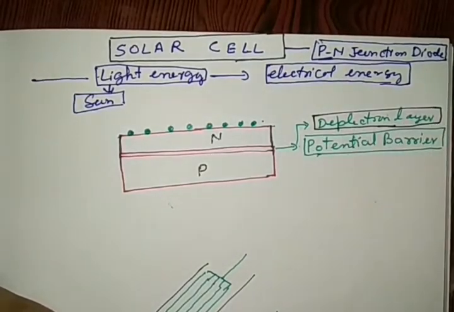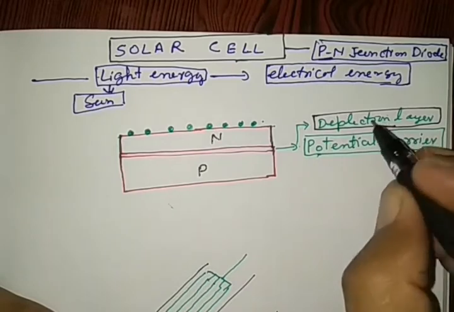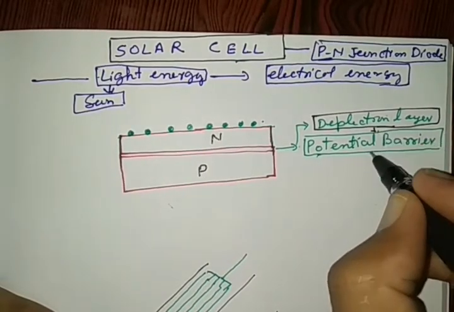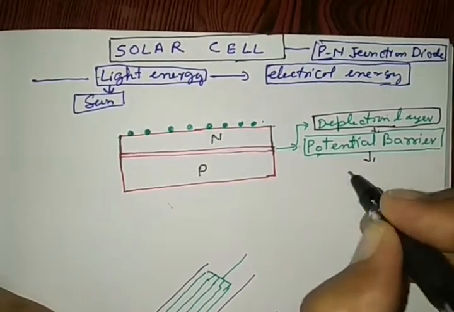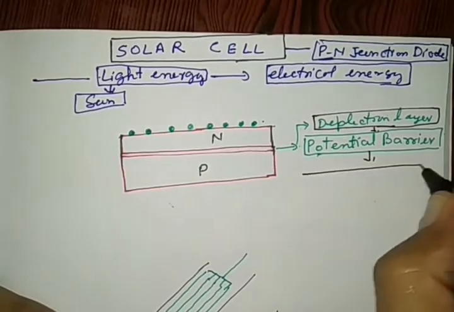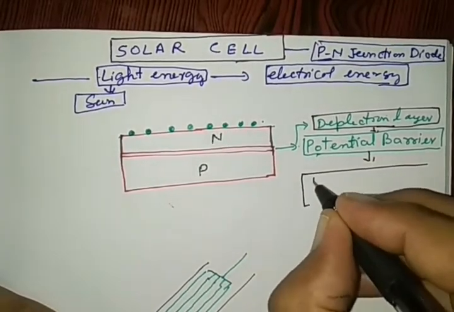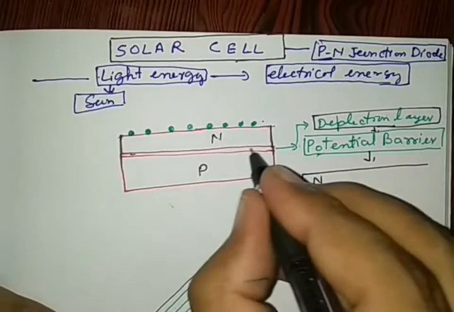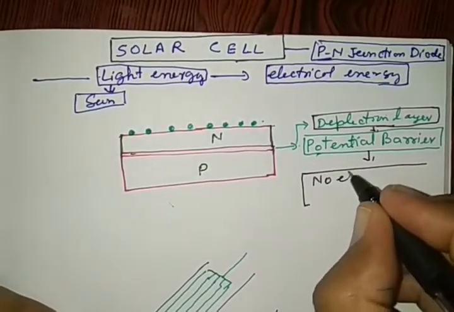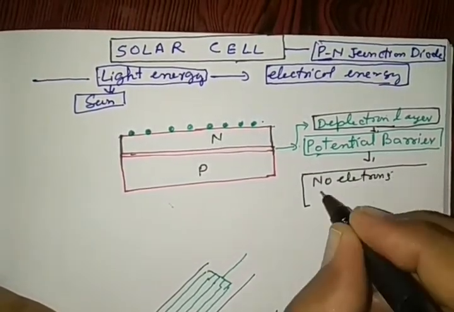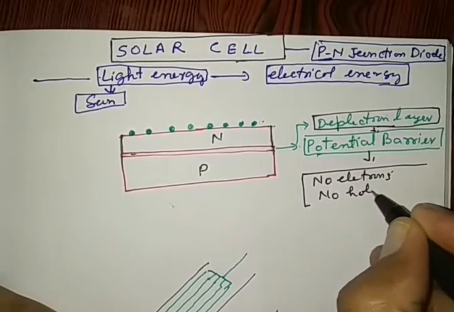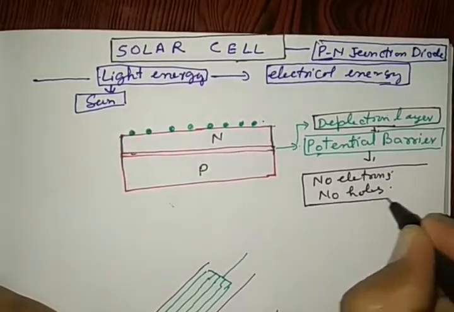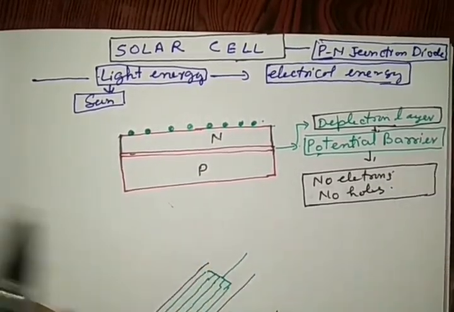Charges cannot flow in that, right? So in the depletion layer, that is the potential barrier, there are no electrons, no holes present.